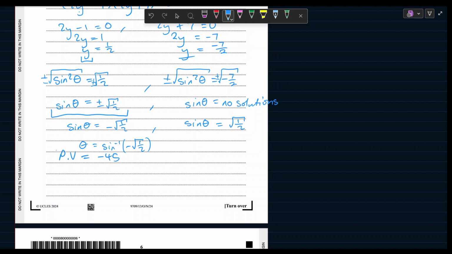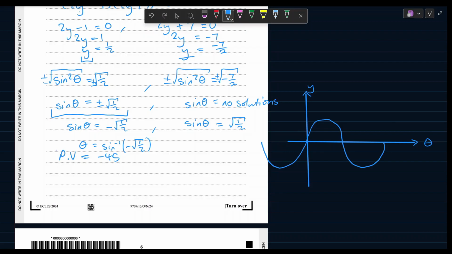But we want theta to be between 0 and 360 degrees. So if we're just to sketch a diagram of what we're looking at. This will be the theta axis, and this will be the y-axis, and we are dealing with a sine graph. I probably should extend it a bit on the negative side.